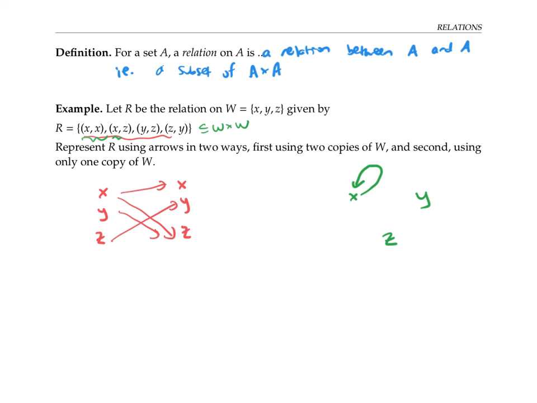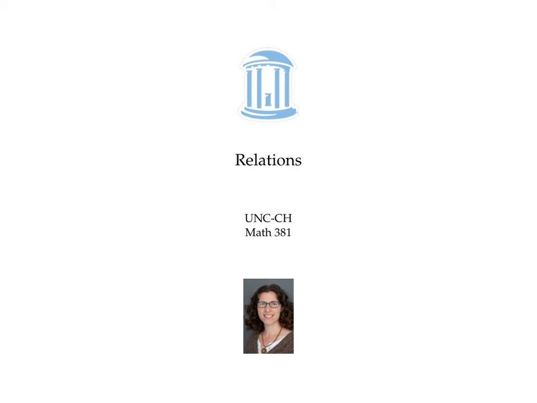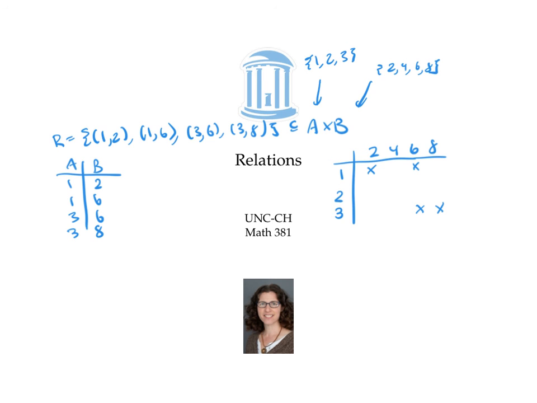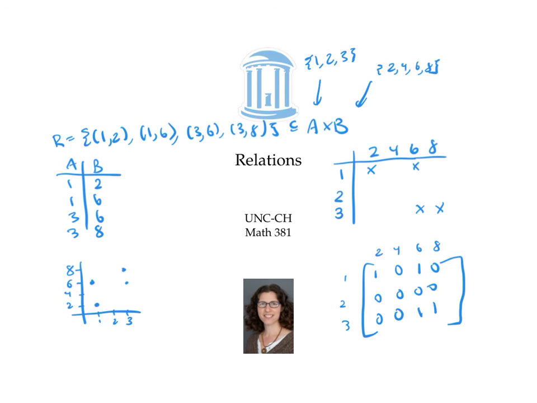I'll represent the ordered pair (X, Z) with an arrow from X to Z. (Y, Z) means I have an arrow from Y to Z, and (Z, Y) means I have an arrow back from Z to Y. In this video, we talked about relations and how to represent them as sets of ordered pairs, as tables, as graphs, matrices, and arrow diagrams, which are also called graphs.